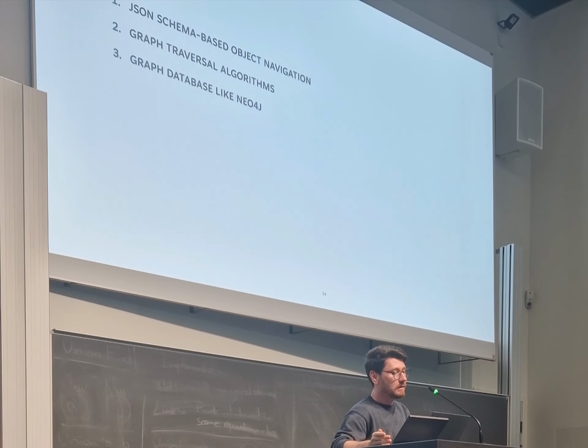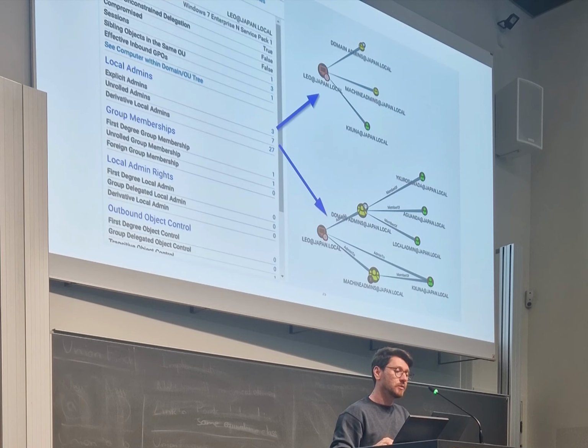So I remembered from other tools using Neo4j, which is a graph database, and I thought, yeah, let's give it a try, because I remember it was used by Bloodhound. I don't know how many of you are familiar with Bloodhound here. Okay, so Bloodhound is a tool in Active Directory.